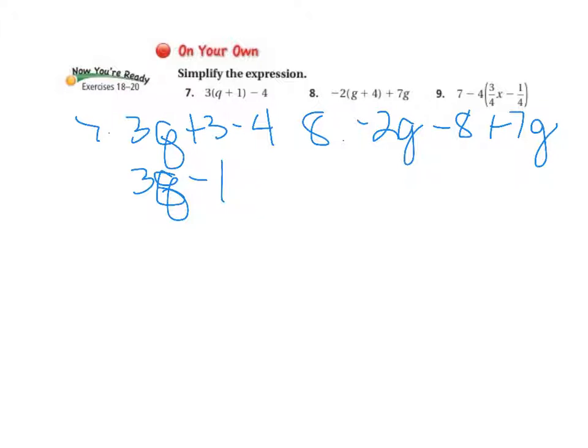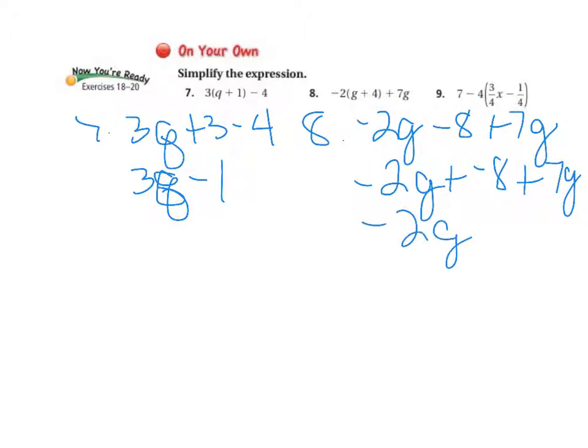So we have negative 2g plus 7g. So we need to move things around. So we can rewrite this as a sum, negative 2g plus negative 8 plus 7g. And then we can move things around and have negative 2g, and let's put the 7g in front of that to make things simple.